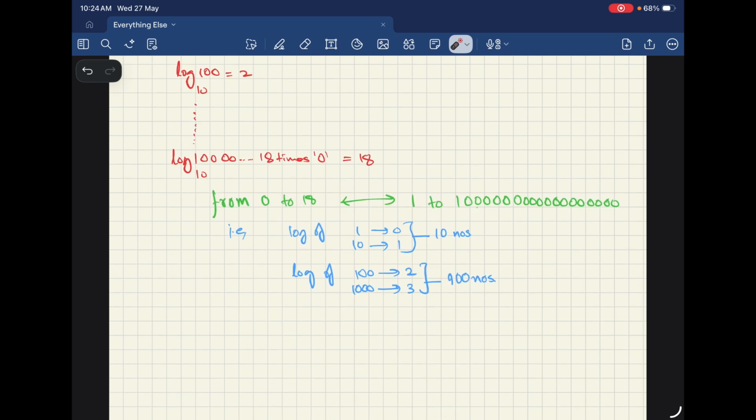Now let me tell you where in the world do we use these logs. Well, obviously in mathematics we do use them, but where in real life?